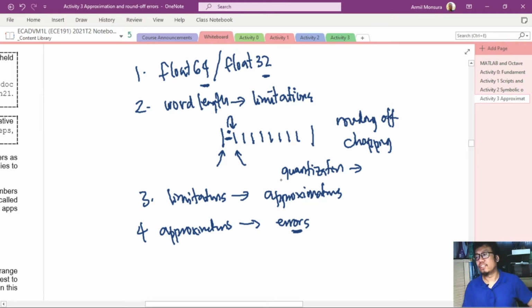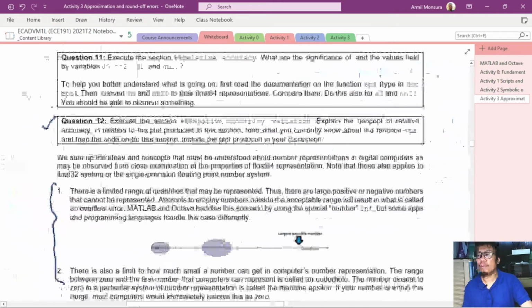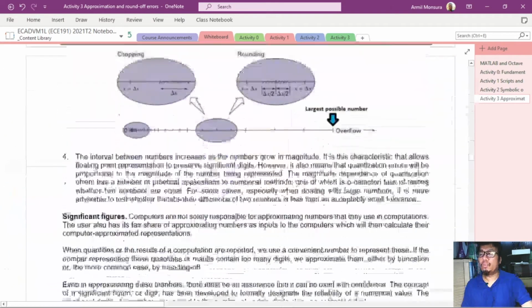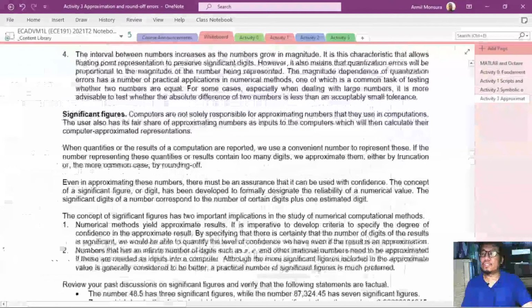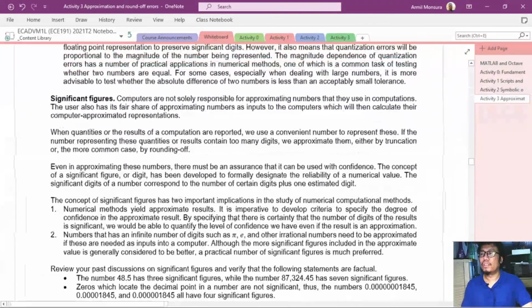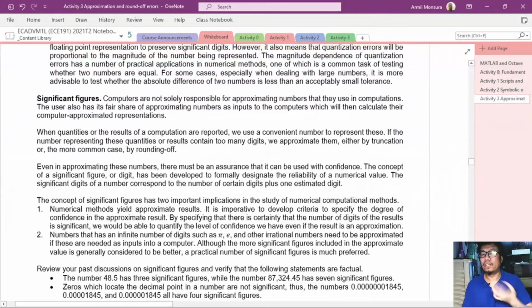Now, next we go to the part where we discuss significant figures. This significant figures topic actually pertains more to the user, because computers can have a certain level of precision. By the way, this is what I forgot to mention earlier that I would discuss.